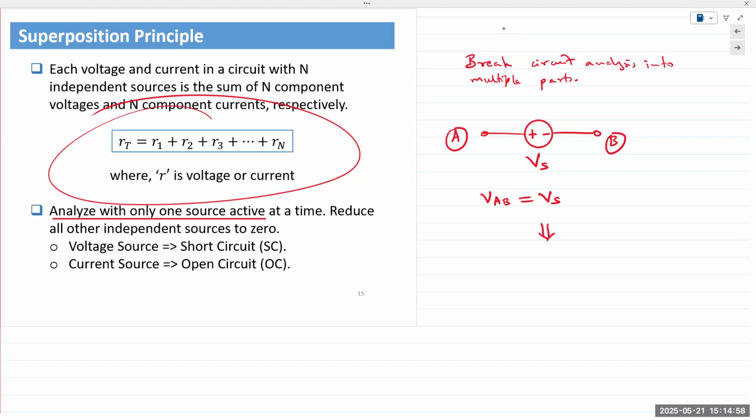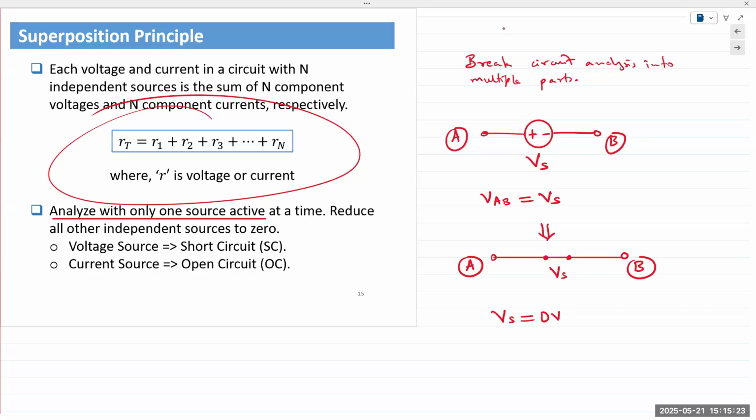So we replace the voltage source, independent voltage source, with a short circuit.